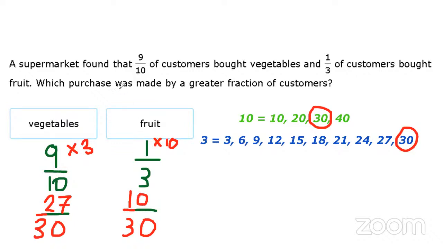Now it asks which purchase was made by a greater fraction of customers. 9/10 is for vegetables, 1/3 is for fruit, and since 27 out of 30 is greater than 10 out of 30, it means that vegetables was the greater purchase. The greater purchase was vegetable.